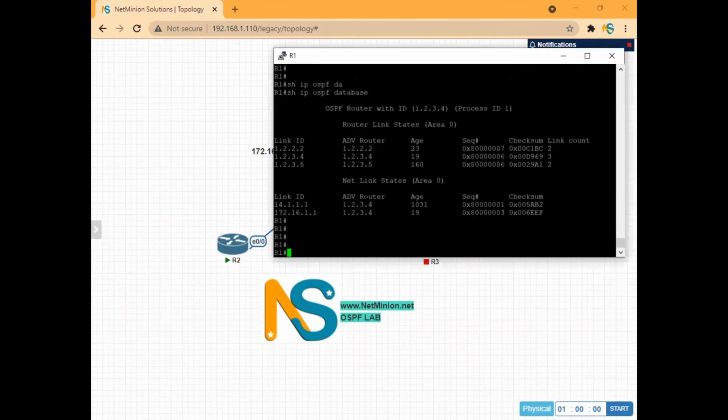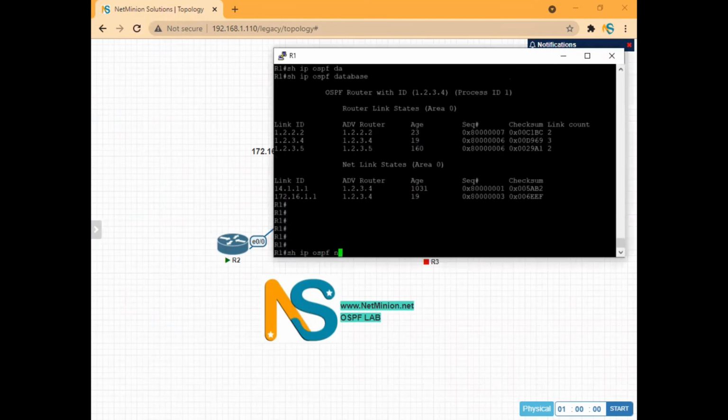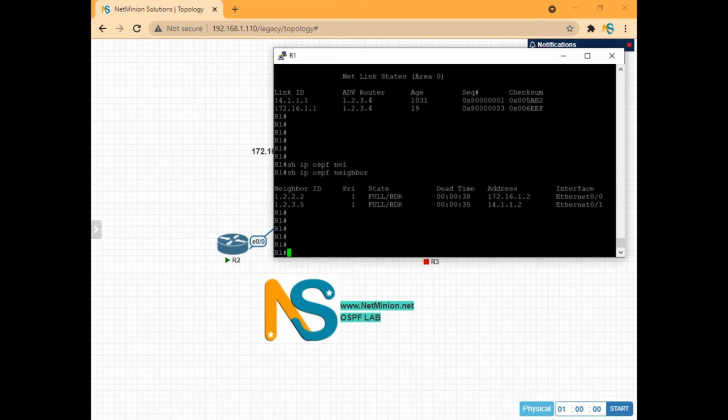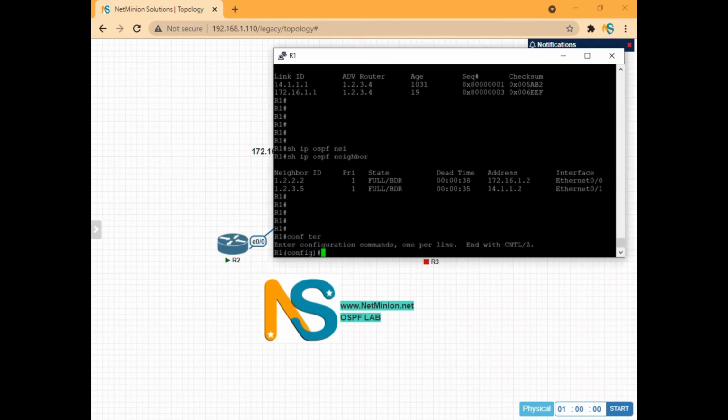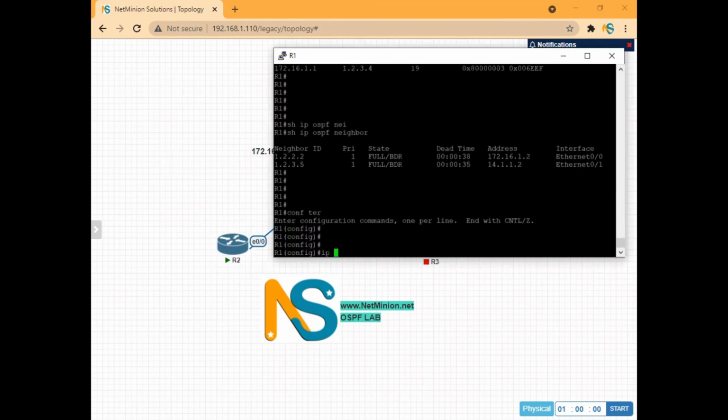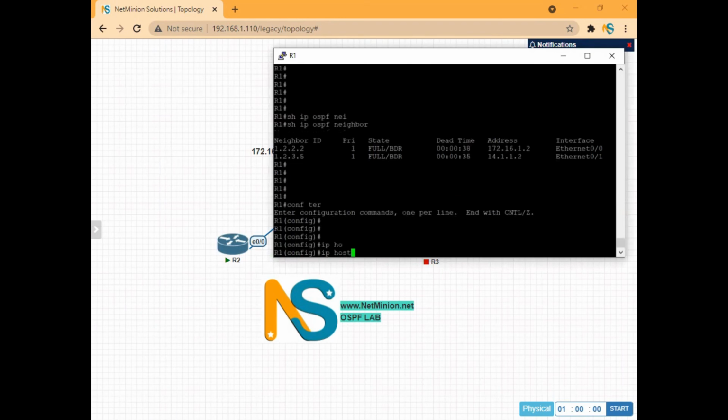So currently, if I run show IP OSPF neighbor, you can see these are showing the IP addresses, right? Instead of that, I am going to the config terminal. Over here, I am creating the host entry. So I am going IP host name for R2, IP is 1.2.2.2.